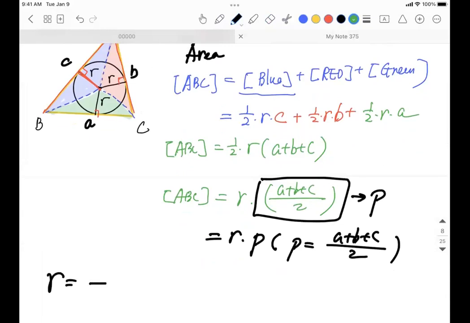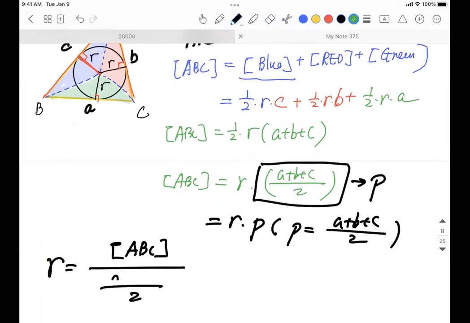R equals ABC's area divided by (A plus B plus C) divided by 2. I want you to remember this. This is how you can determine the radius of a given triangle's inscribed circle. This is how you can do the calculation.